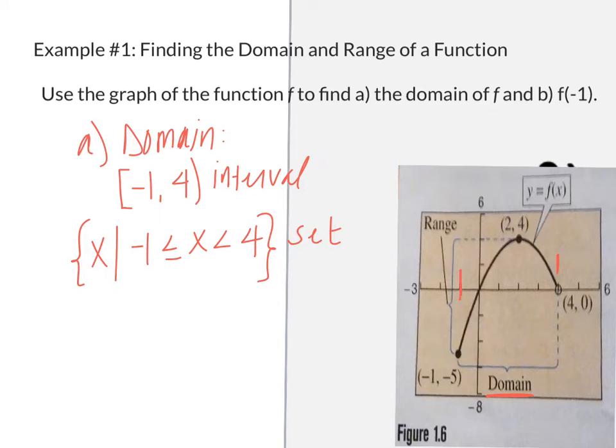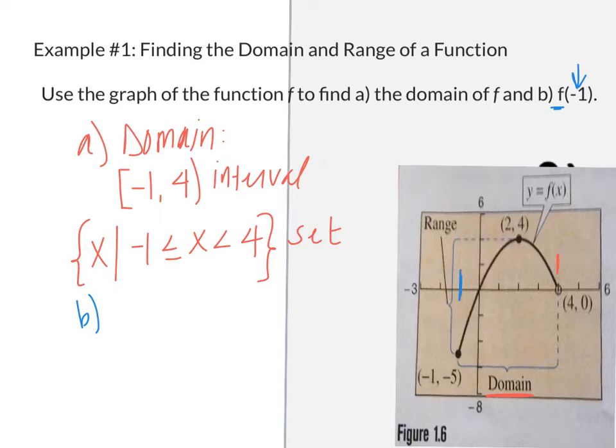All right, the second part, B, it says f of -1. So what they want to know is what is the output value when x is -1. So let's go to where x is -1. Okay, x is -1 right on this line.